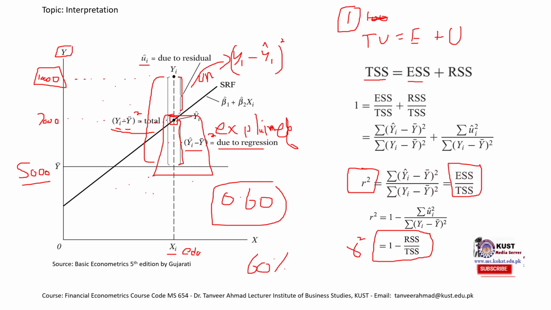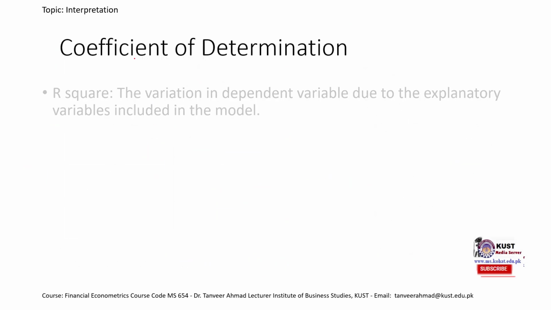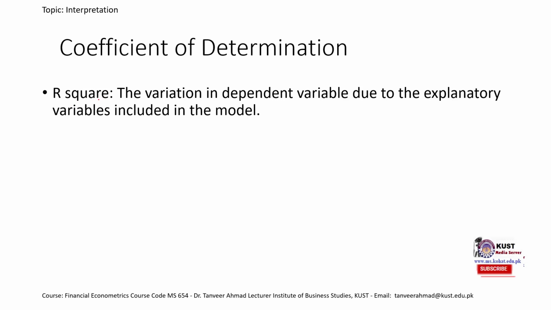So 60% of this total variation is explained by the variables that we have included in the model. The remaining 40% is unaccounted for. We do not know what that remaining 40% of variation is due to. So this r square is also called the coefficient of determination, and the simple interpretation is the variation in the dependent variable due to the explanatory variables included in the model.